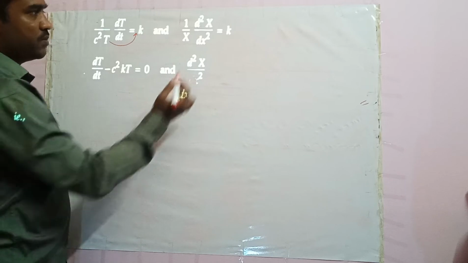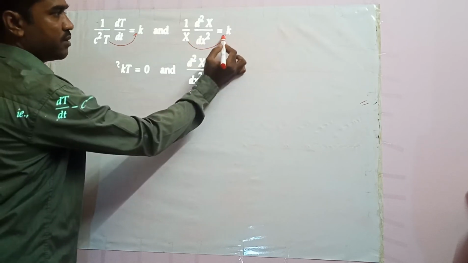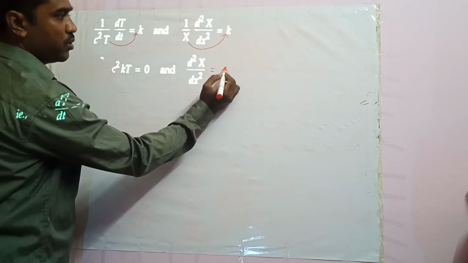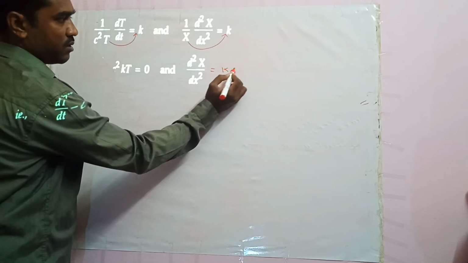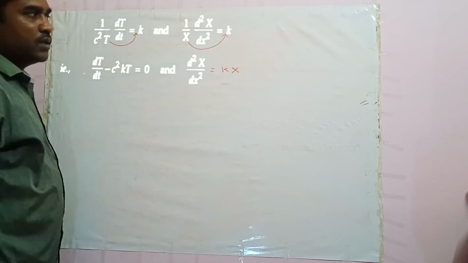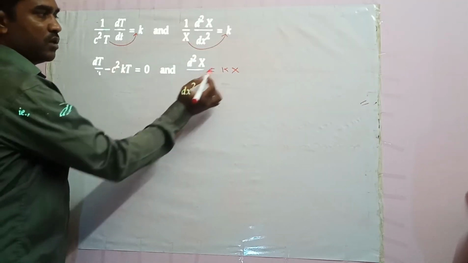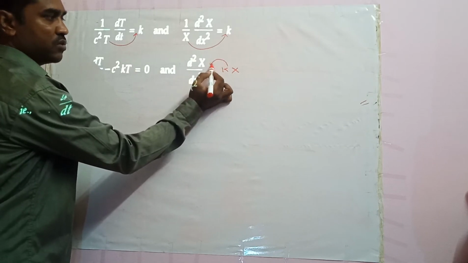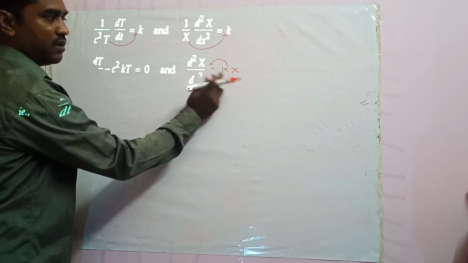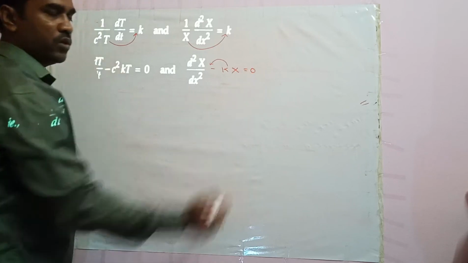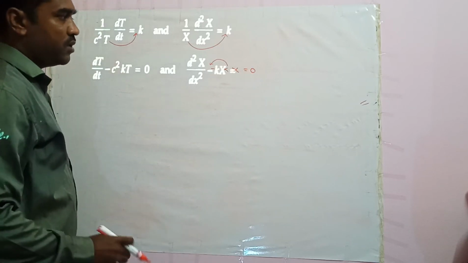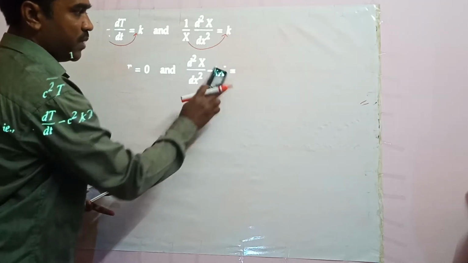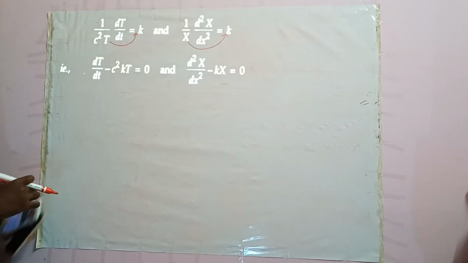Similarly here, cross multiplying, d²X/dx² = k X. Taking this to the LHS, we get d²X/dx² − k X = 0.